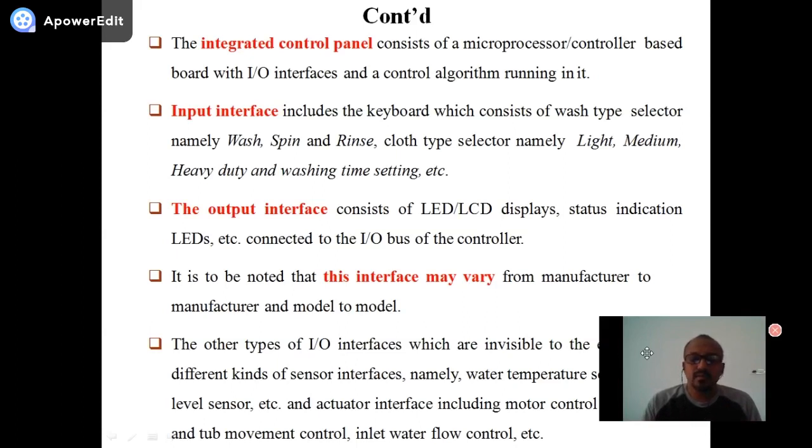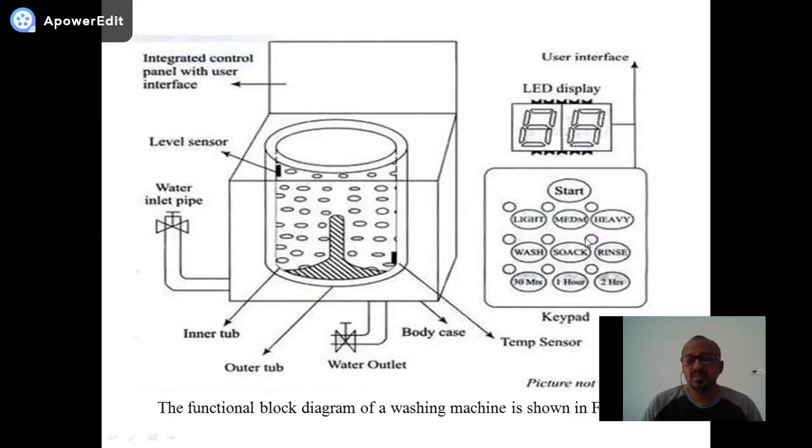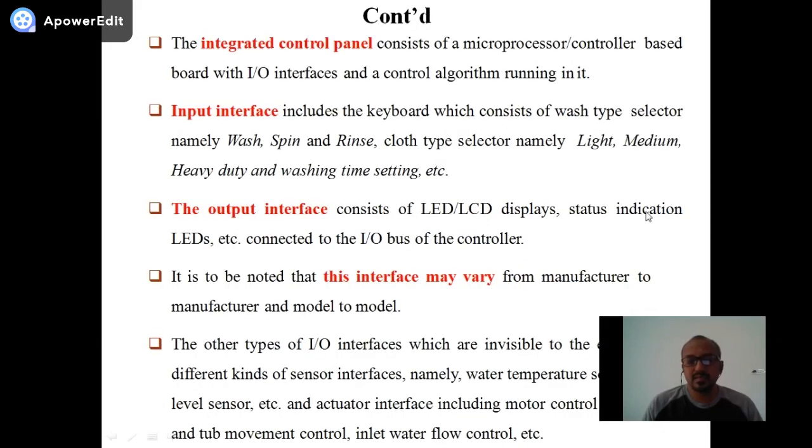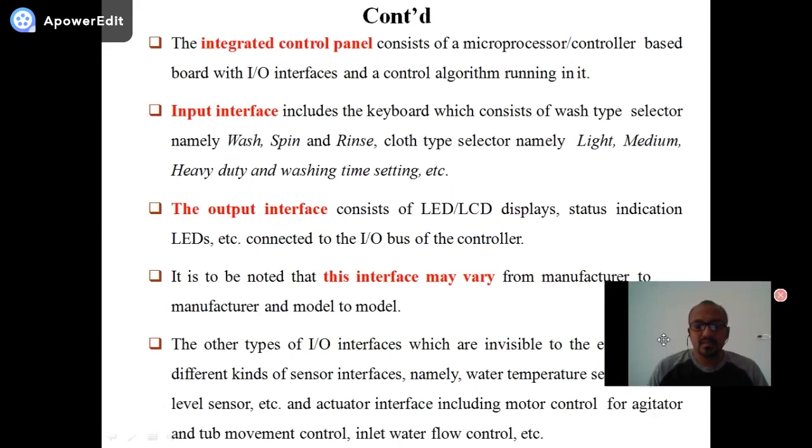The output interface consists of LED or LCD as you have seen in the diagram, and this interface may vary from manufacturer to manufacturer. Such a standard washing machine interface is explained here as an example.